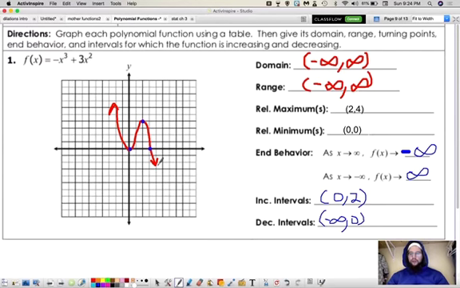You don't care about where the intercepts are. Again, your turning points are your extrema, your maxes and your mins. That decides your intervals of increasing and decreasing, not your roots. This doesn't matter at all. Just because there's a point on there doesn't mean you have to stop there. Keep going because it's not changing, is it? So from 2 to forever, we're going down. We're decreasing. Again, I'm going to use a comma.